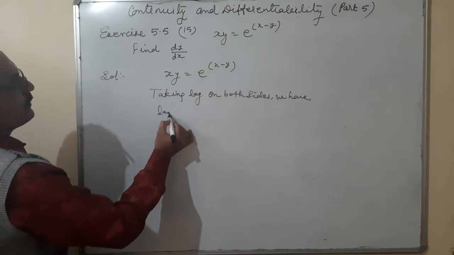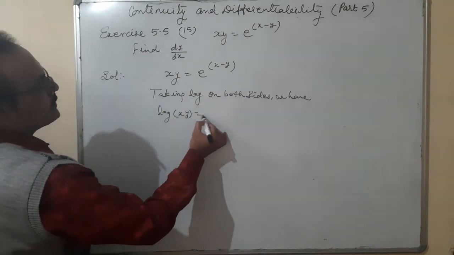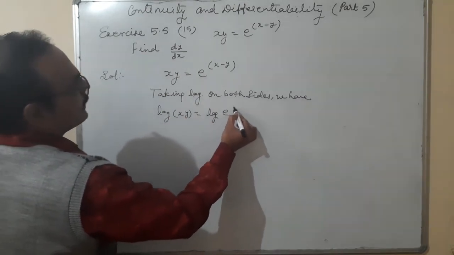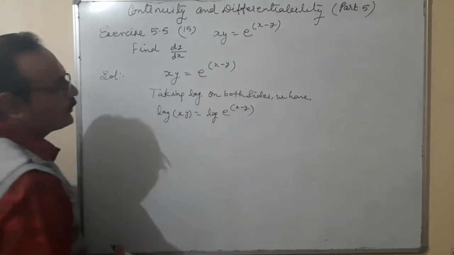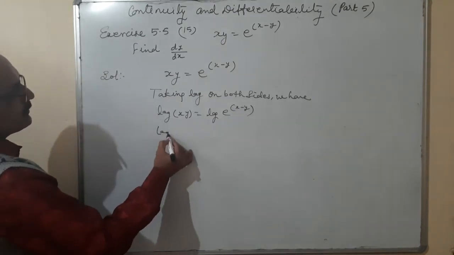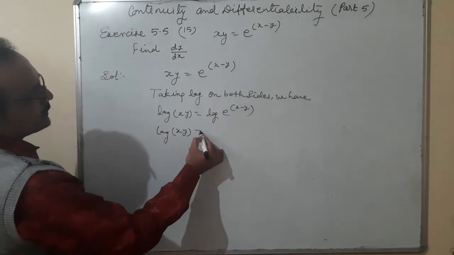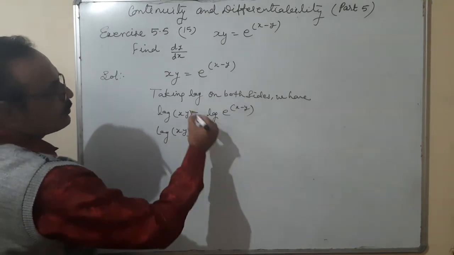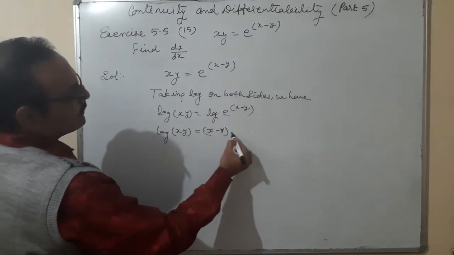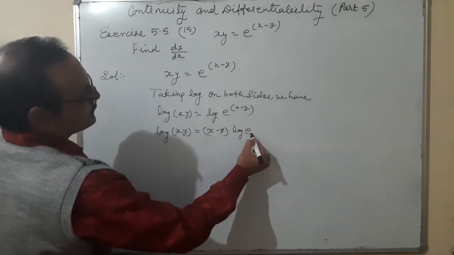Log xy is equal to log e to the power x minus y. Log xy is equal to, by the log rule, x minus y log e.